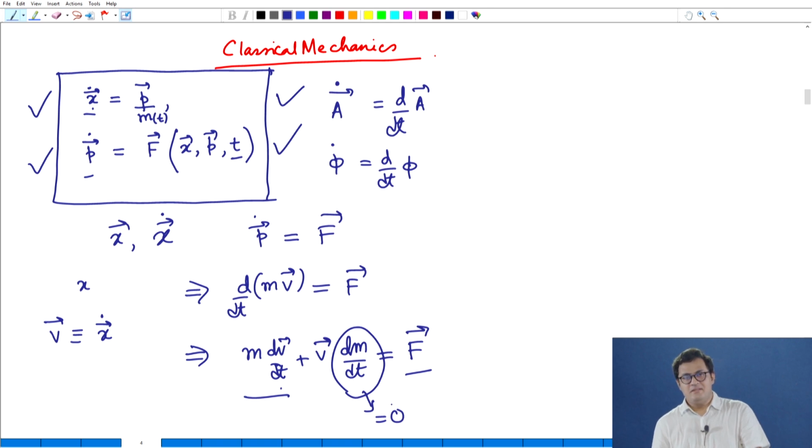However, there can be several occasions where you model the whole system as a particle of changing mass. For example, if you want to model the rectilinear motion of a rocket, it is best modeled as a particle with variable mass.